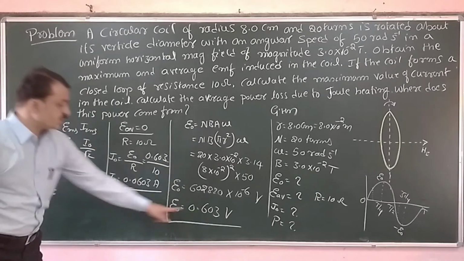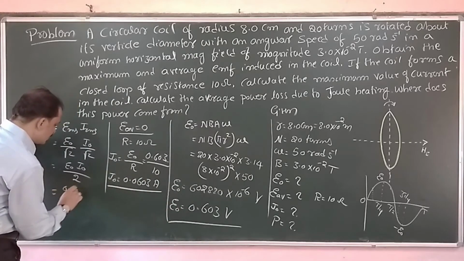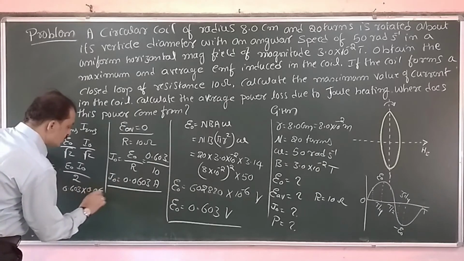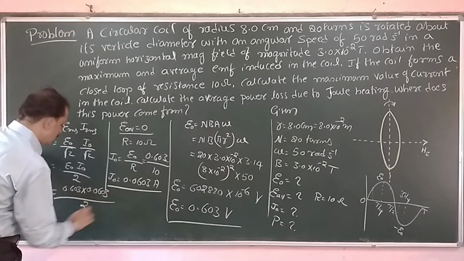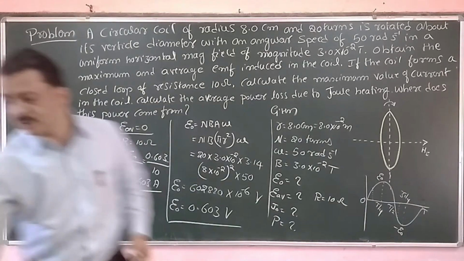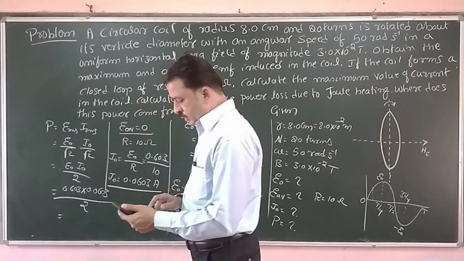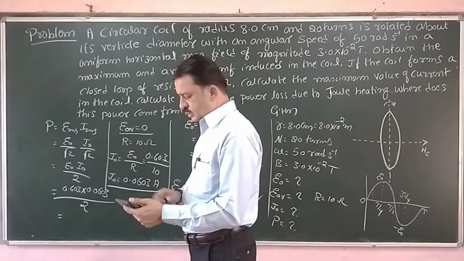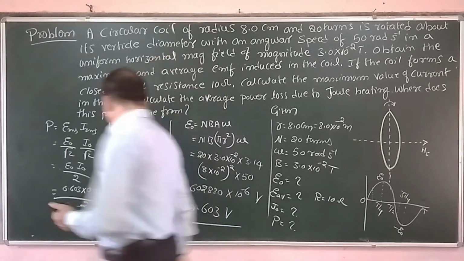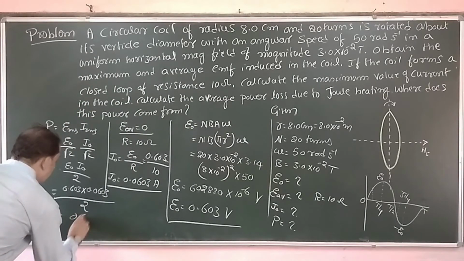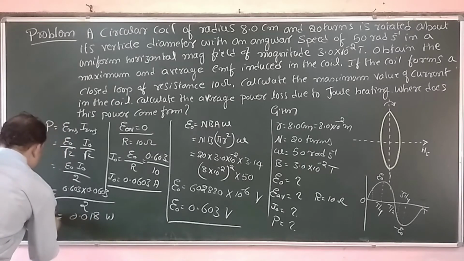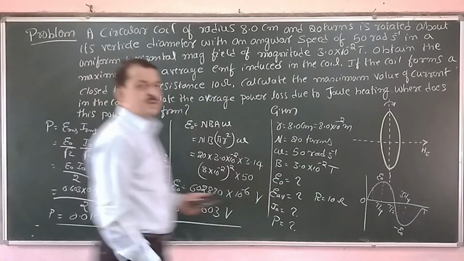Now the peak value of the voltage, that is EMF, 0.603 multiplied by 0.0603 divided by 2. Now if I work this out on the calculator, 0.603 into 0.0603 divided by 2, I will get 0.018 watts.